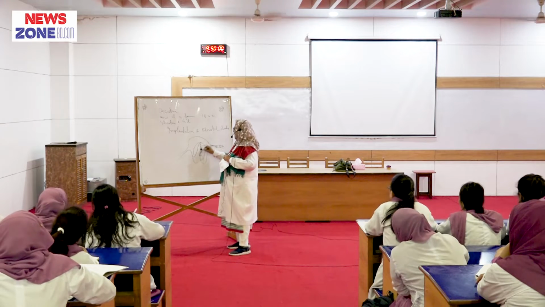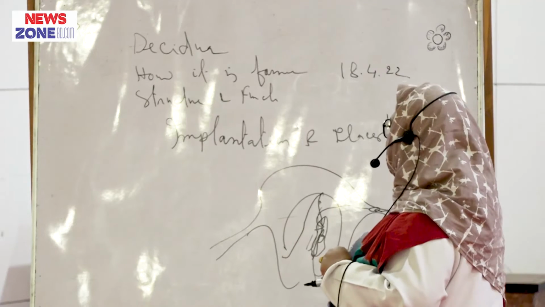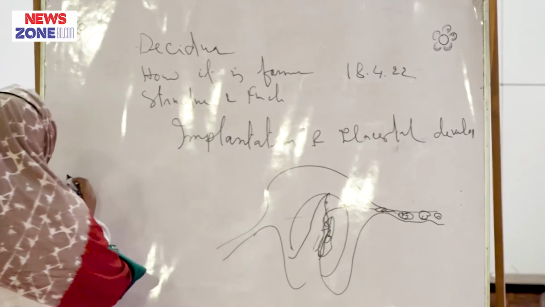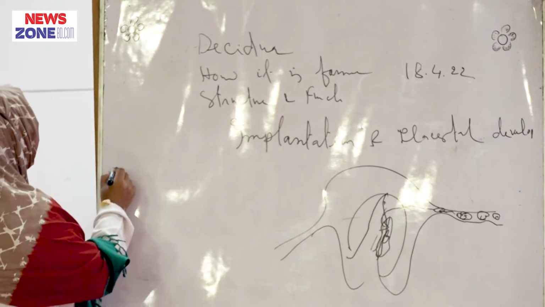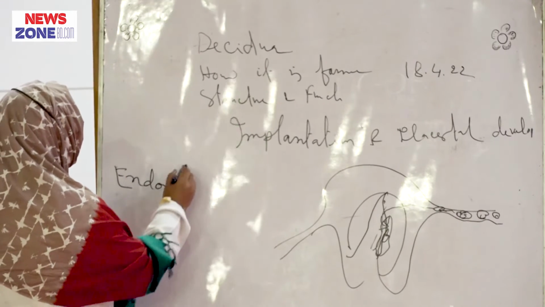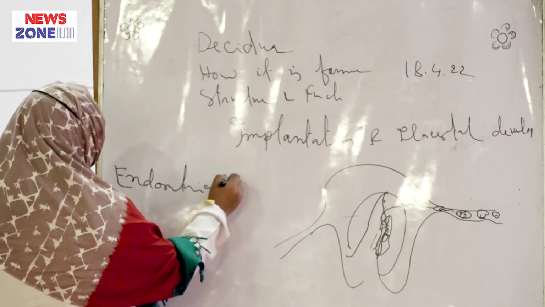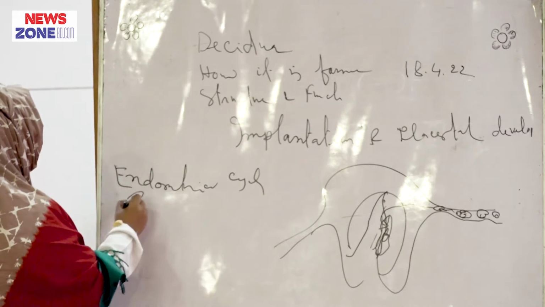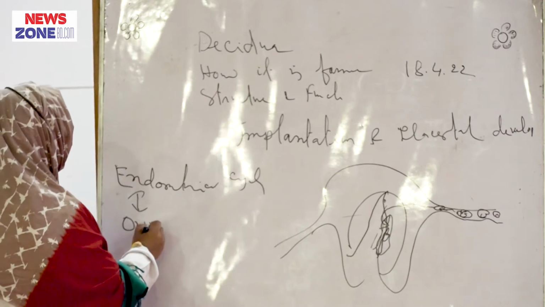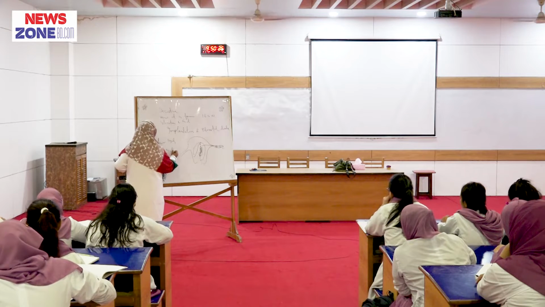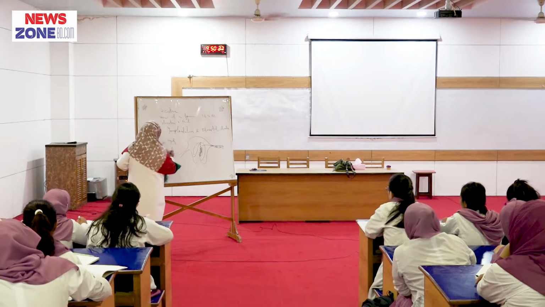endometrium. We know from the menstrual cycle that there is the endometrial cycle, and another is the correlation with the ovulatory cycle. The endometrial cycle and the ovulatory cycle.